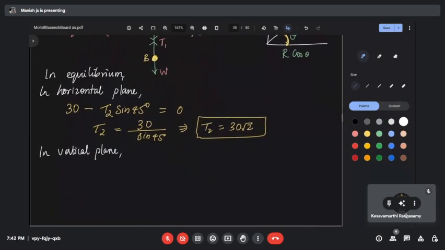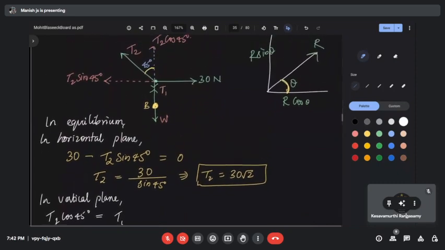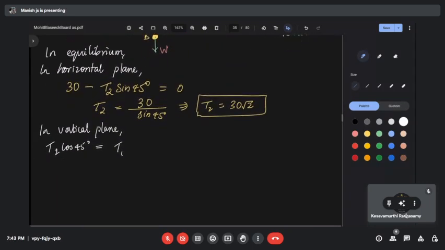So in the vertical plane we can write T2 cos 45 degrees equal to T1. Simple. So what is T1 then? Substitute the values. T1 is T2 cos 45, and T2 is 30 root 2.